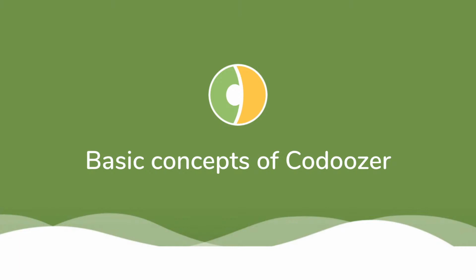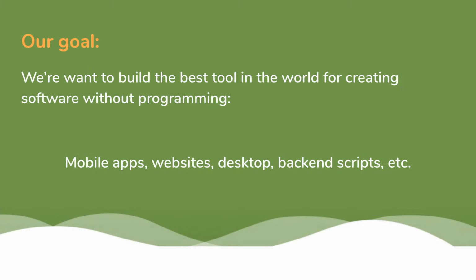You know that Codoozer is a brand new tool. We released the first version last May. During this time, we've been in beta stage. We're still in beta stage, but it's a fully functional beta. Now you can create very advanced apps for Android, and they work perfectly.